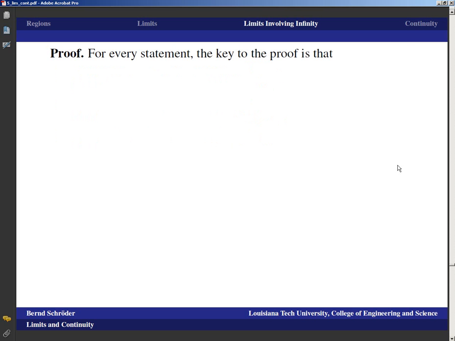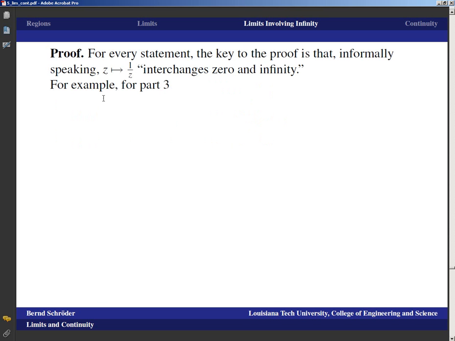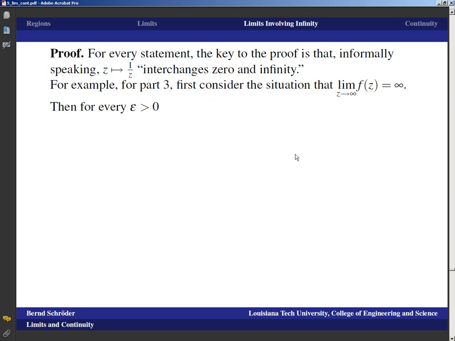Okay, the proof, I think we're not going to do the whole proof, but for every statement, the key to the proof really is that, informally speaking, the function z maps to 1 over z interchanges 0 and infinity. For example, for part 3, what do we need to do? Consider the situation that the limit of f as z goes to infinity is infinity. Well, then for every epsilon greater than 0, there is a delta greater than 0, so that for all z with absolute value greater than 1 over delta, we have that f of z is greater than 1 over epsilon.